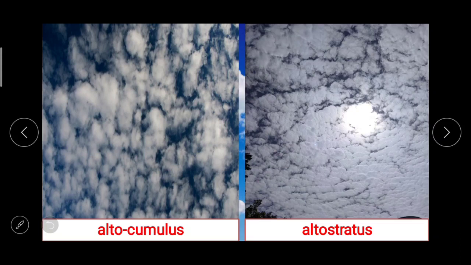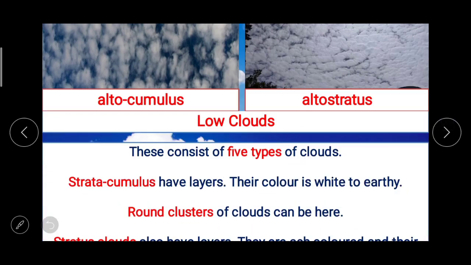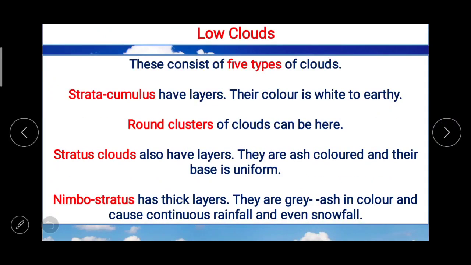Stratocumulus have layers. Round clusters of clouds can be here.